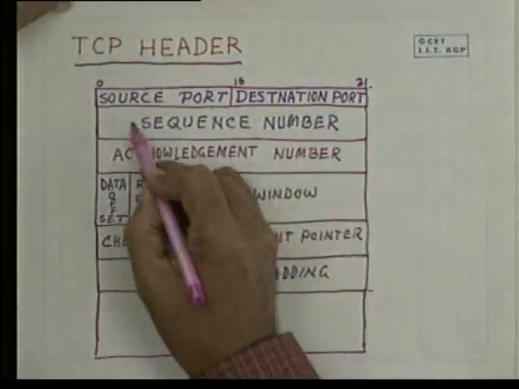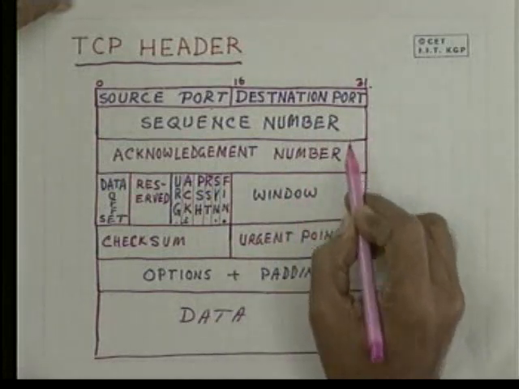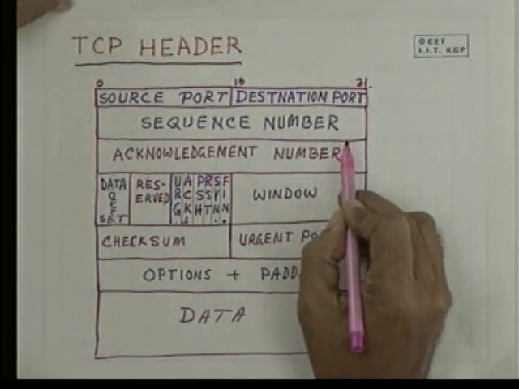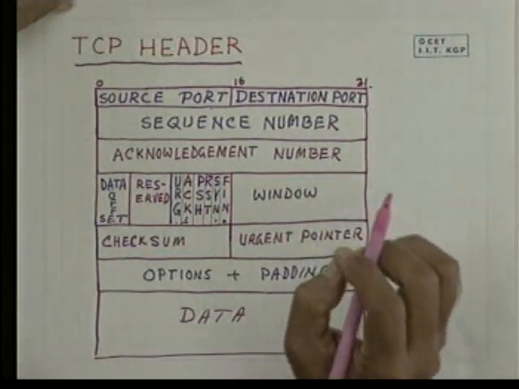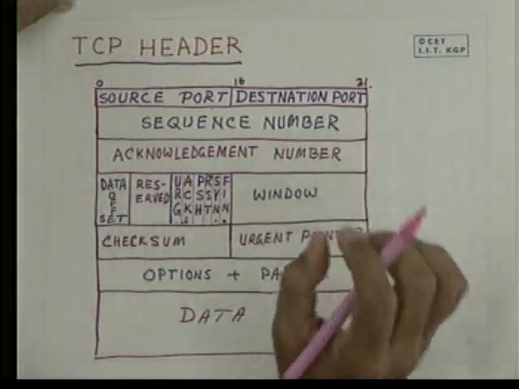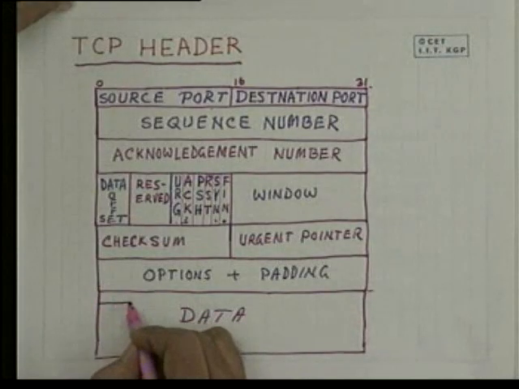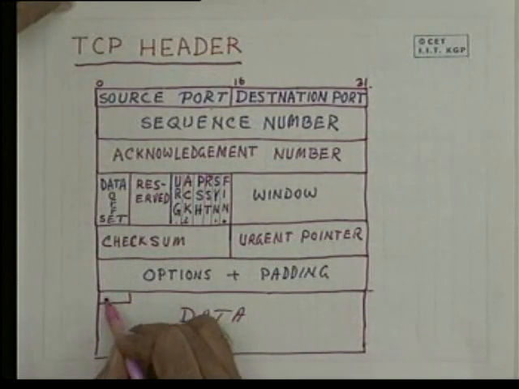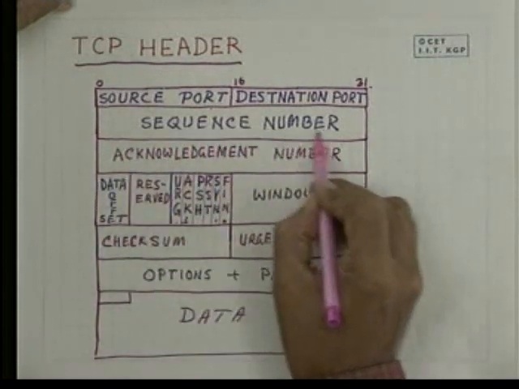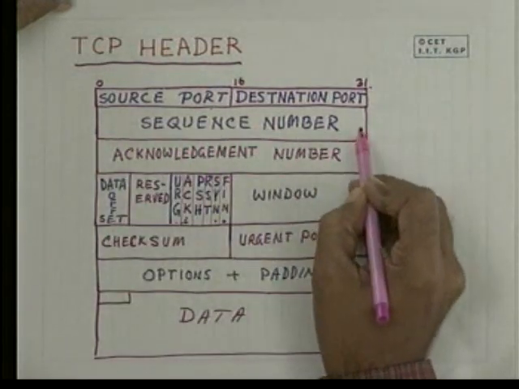And here is the sequence number that is used for giving the number of the first octet of the data that is being sent here. That sequence number is given in this header.